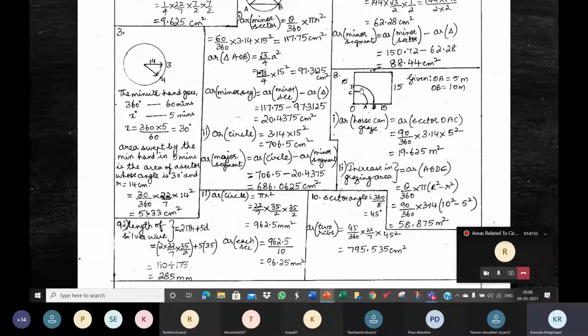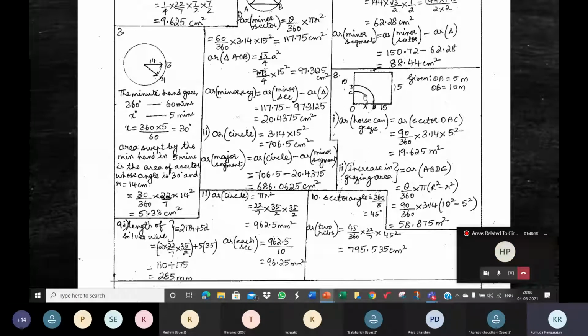To find the area of this band, which is the increase in area, it's theta by 360 into pi R square minus r square. You can see the formula here. Substitute the values here, and here you have the increase in grazing area.